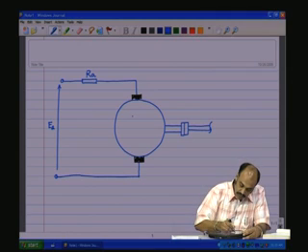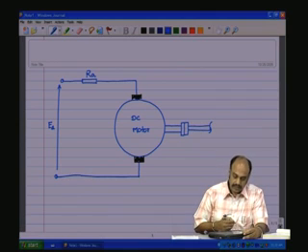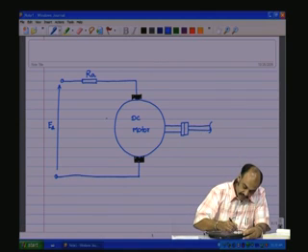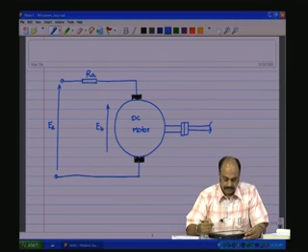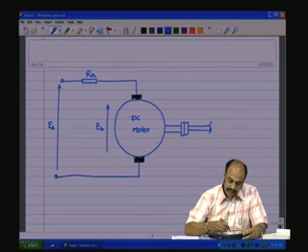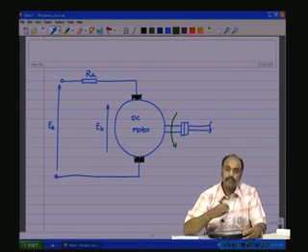Now, this DC motor when it is rotating will generate a back EMF or a counter EMF EB, which we discussed in the last class. And on the mechanical side, we have two variables which we need to consider.